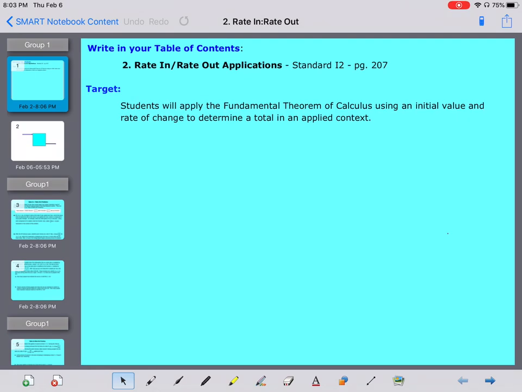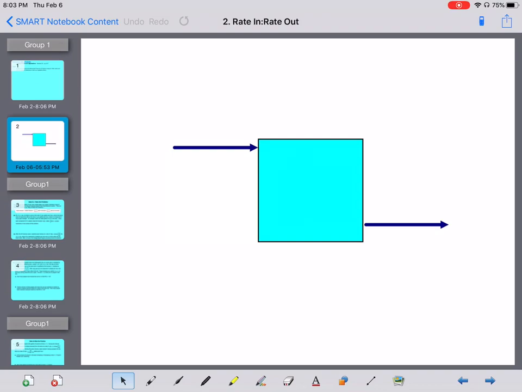Remember, anytime we integrate something, we're getting a total or a net change of whatever we're integrating. We've been talking about that and how we set up initial value problems. I'm going to use a model to demonstrate how these problems work.